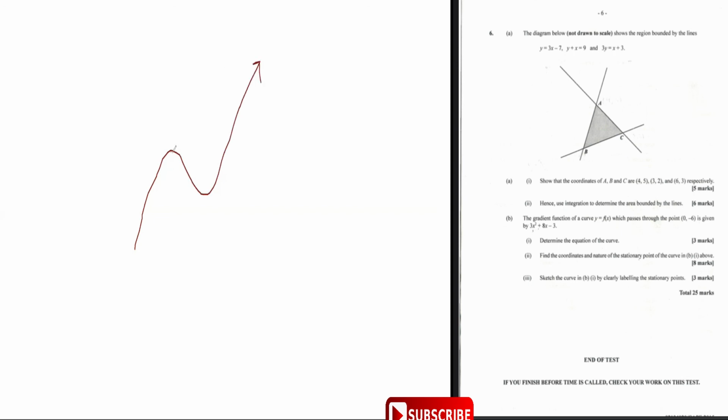All right, the maximum point is the point (-3, 12), and this other point is (1/3, -6 14/27).